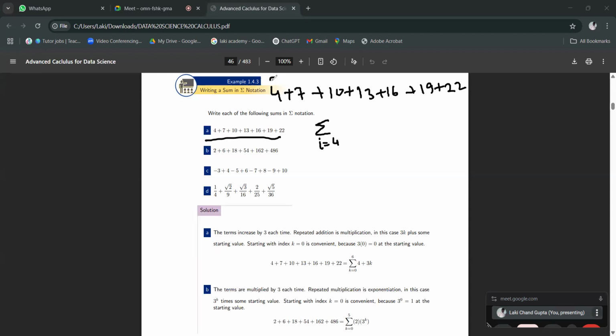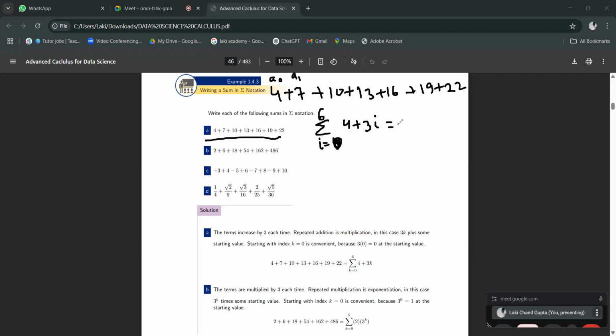This is the first term, second term. So the term is 4 plus 3i, and I starts from 0. So 0, 1, 2, 3, 4, 5, 6, right? So you can write up to 6.